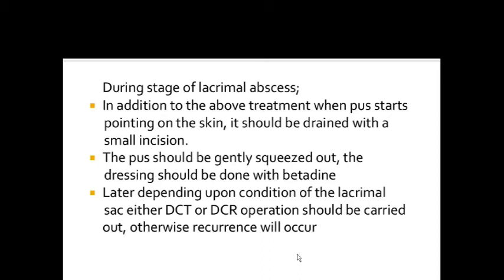A DCR procedure involves the removal of the bone, which is usually adjacent to the nasolacrimal sac, and anastomosing the lacrimal sac with the lateral nasal mucosa, in order to bypass the nasolacrimal duct obstruction. This allows tears to drain directly into the nasal cavity from the canaliculus.